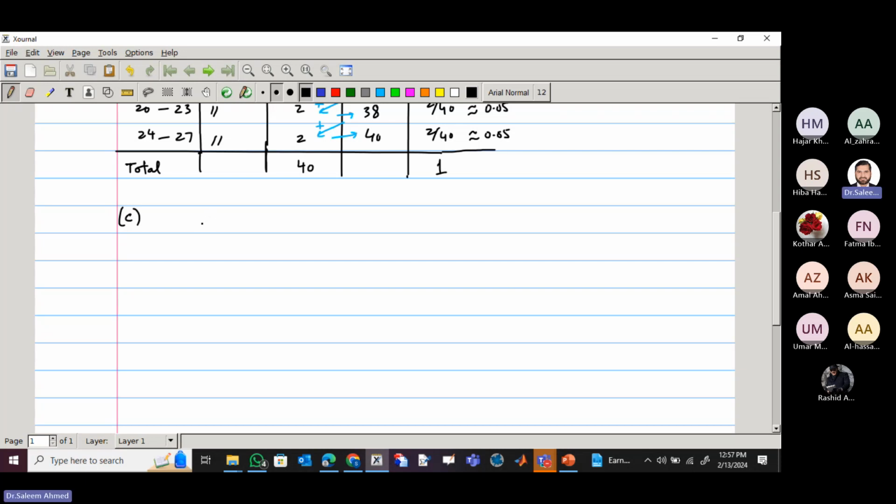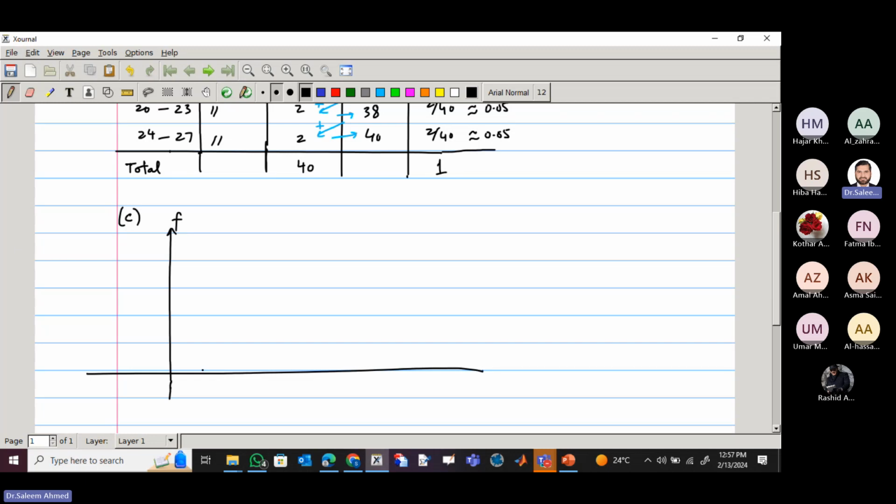we draw the x-axis, classes on x-axis, right, and the frequency here, classes here.